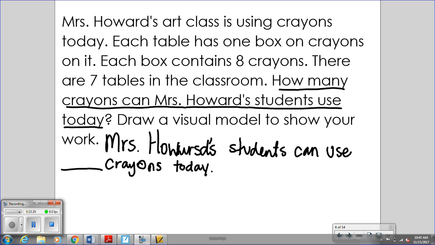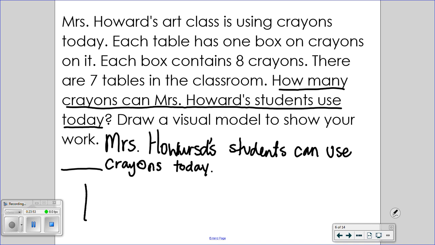What's going to be my groups? This is tricky. Courtney, what do you think? The tables are my groups. How many tables are in my room, Courtney? 7. Go ahead and draw 7 groups. Now, tables are usually rectangle.